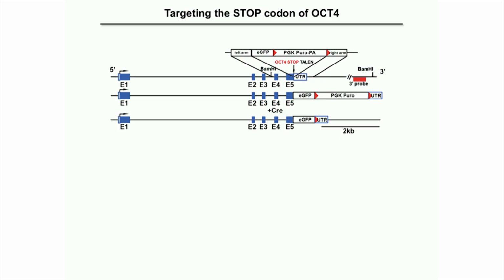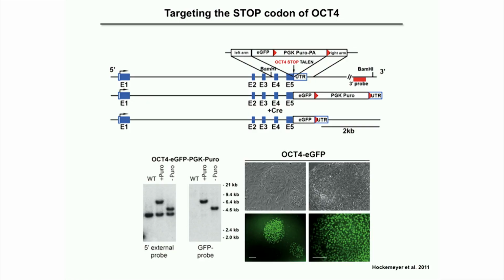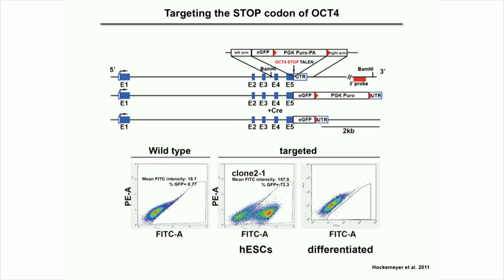We did this by first having a selection cassette in there that then was removed by CRE-mediated excision. This targeting, again, was very efficient and resulted in OCT4 positive cells. If you take these OCT4 positive cells, we are growing our human pluripotent stem cells on feeders.